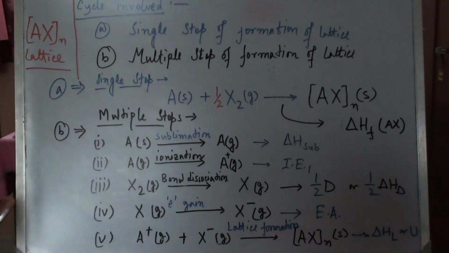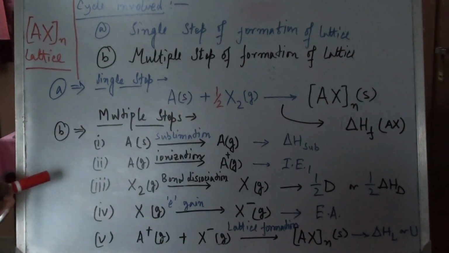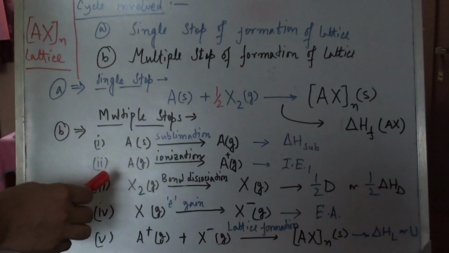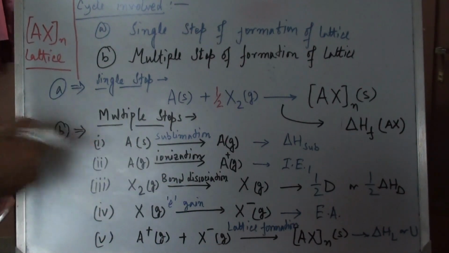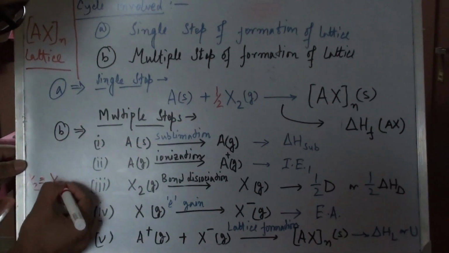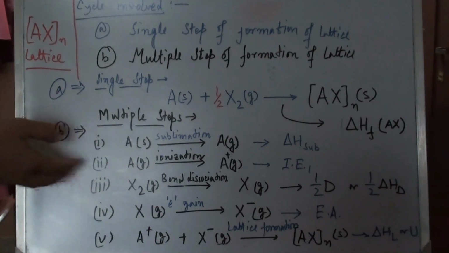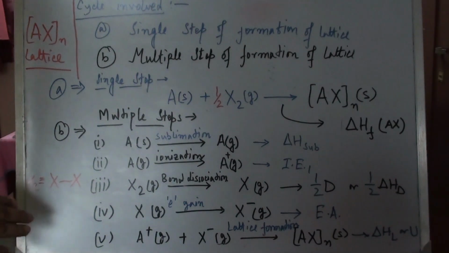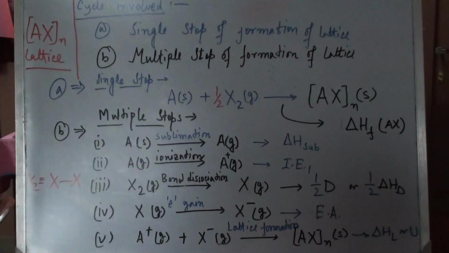Now the third step, we have X2 gas. We need only one atom of gas X. So we have to break the X bond. Here X2 means an XX bond is there. It may be a single bond, a double bond, or a triple bond. So we have to break this bond to produce X gas.